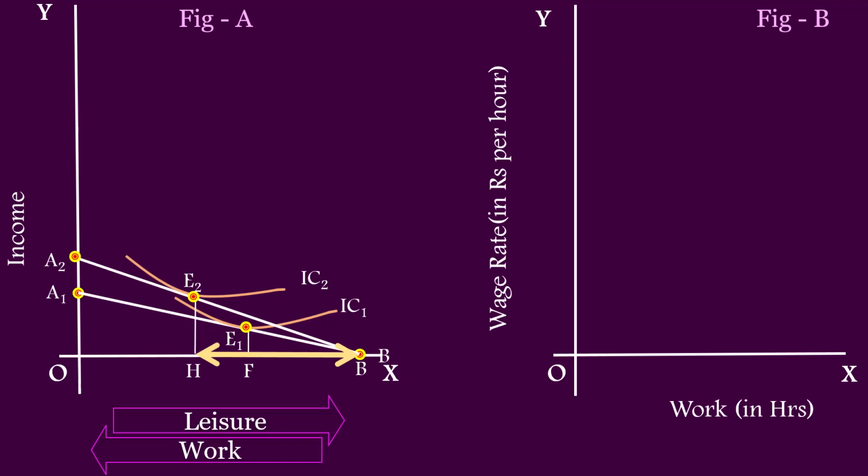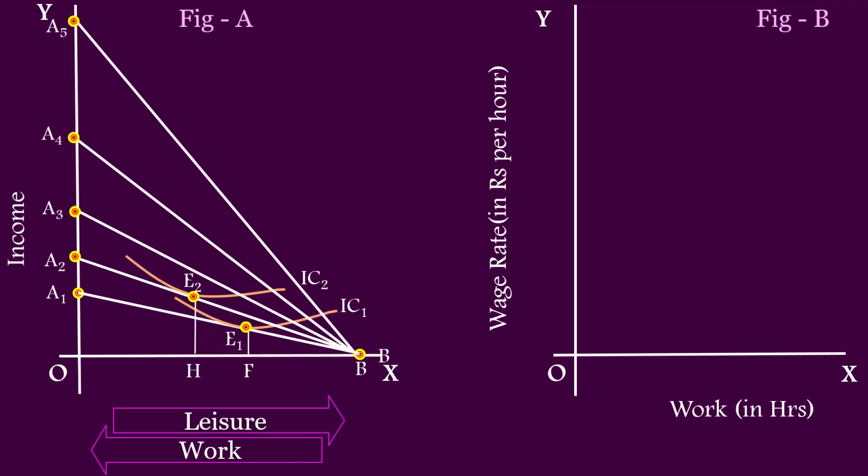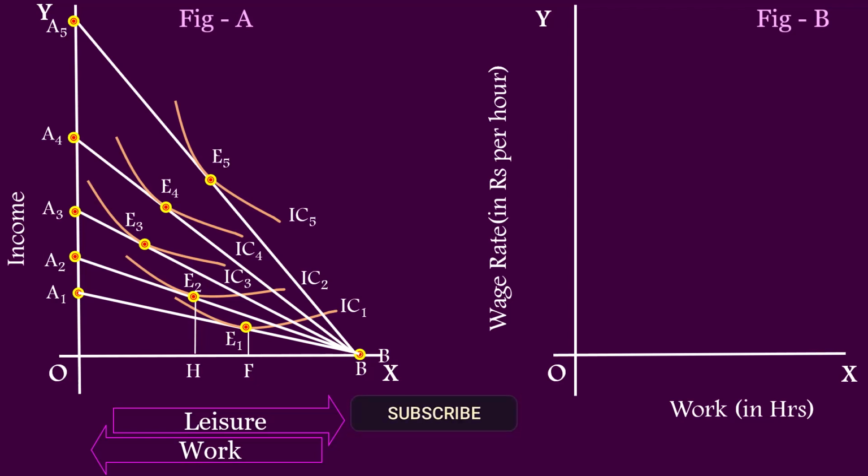In this way, the other three wage lines A3B, A4B and A5B are formed after an increase in the wage rate. The equilibriums respectively are E3, E4 and E5, and corresponding to these points, the laborer is willing to work for BL, BK and BG hours.